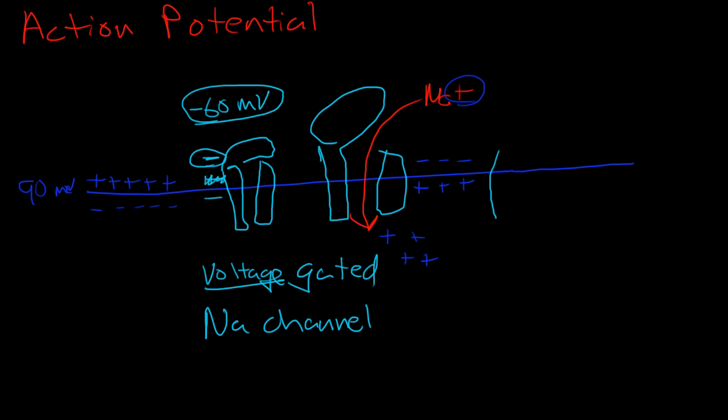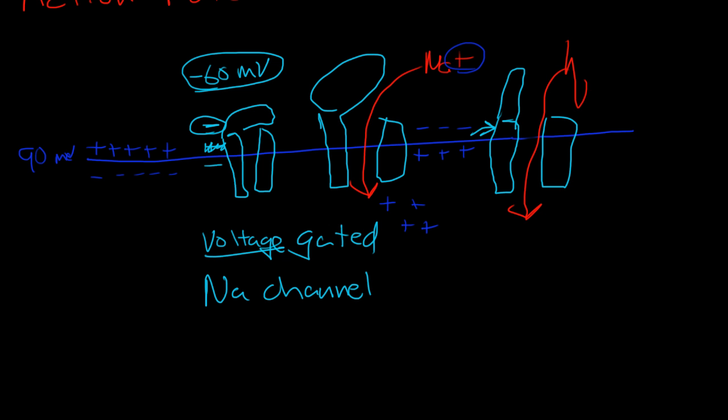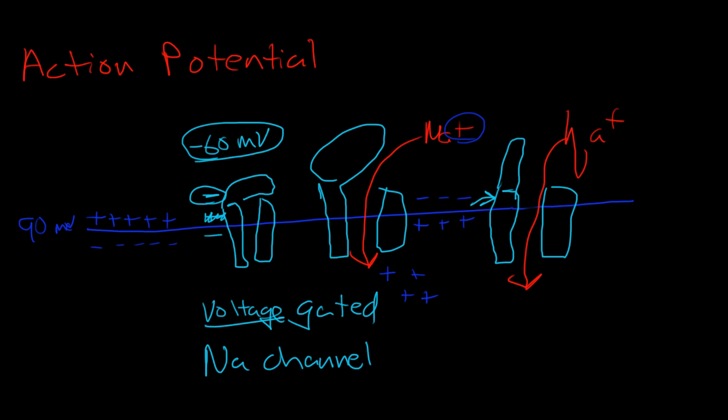And what happens is this change in polarity will trigger the next sodium gate to open up. And then more sodium will rush in. And this will continue on down the line.